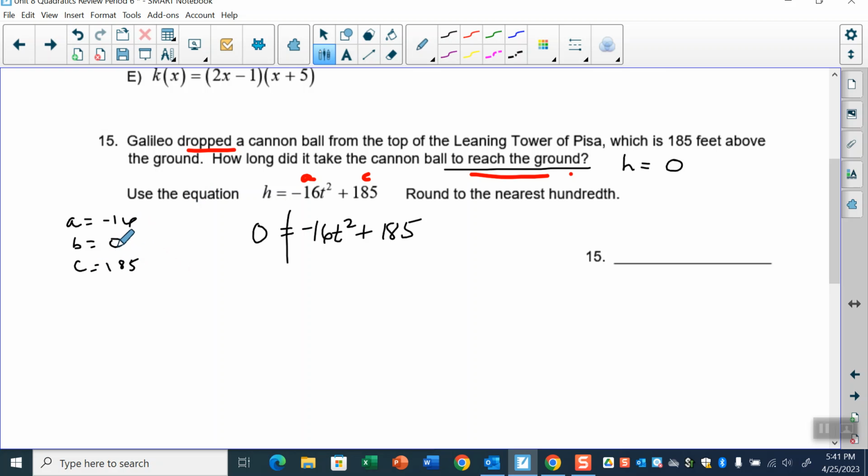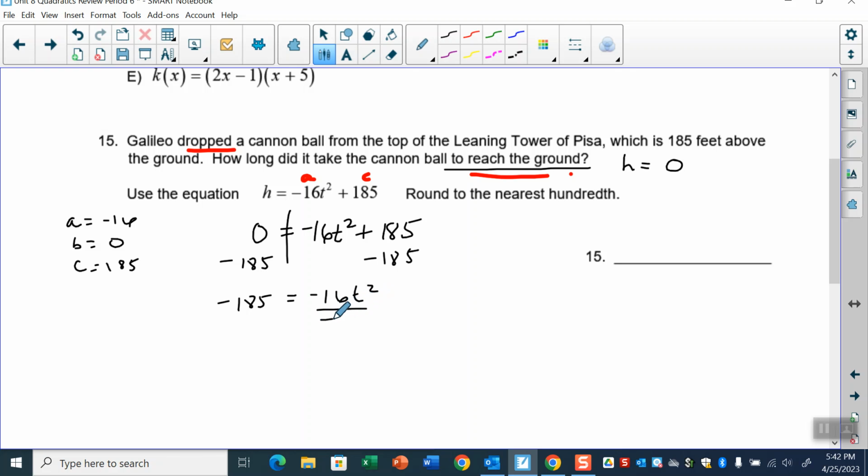Okay, but remember, if b is equal to 0, then you can use that square root method, right? So I can just minus 185 on both sides. So I get negative 185 equals negative 16 t squared. All right, so I'm trying to get t squared by itself.